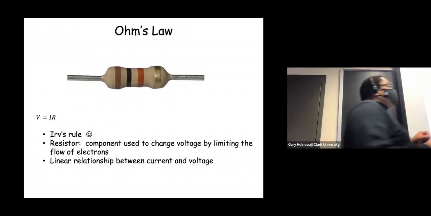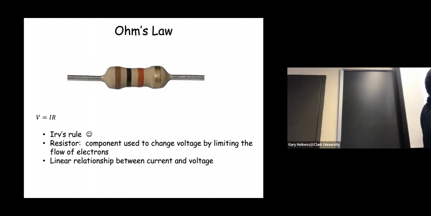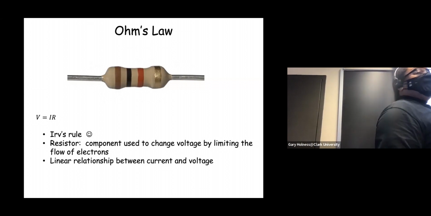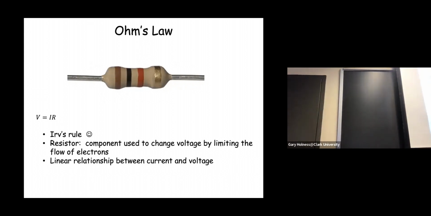So if you have a bigger resistor, R, and the same voltage, which you do because you have a battery, that means the current is going to be less. If you have a smaller resistor, R, and it's the same battery voltage V, that means the current is going to be more. So effectively, what you can do with this resistor is reduce the current that is perceived by all of the components that follow the resistor.